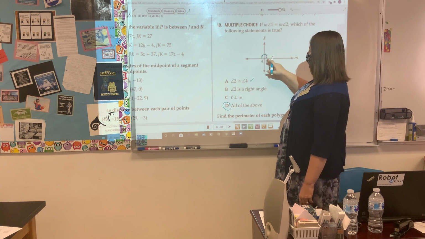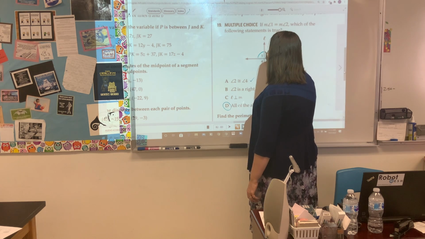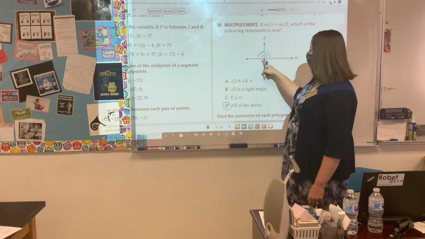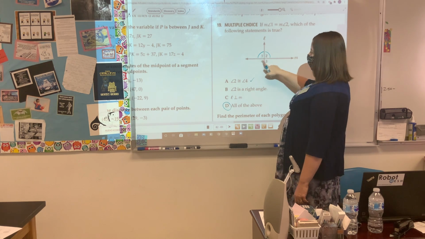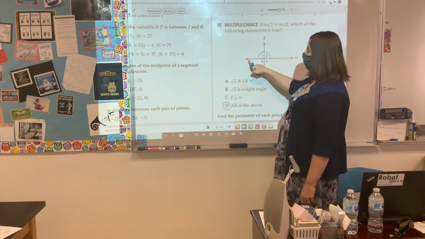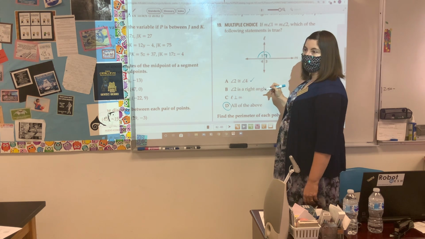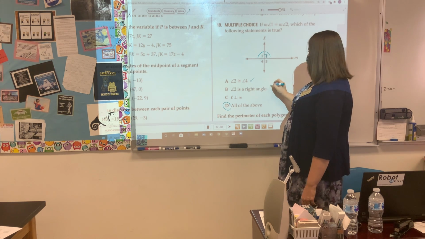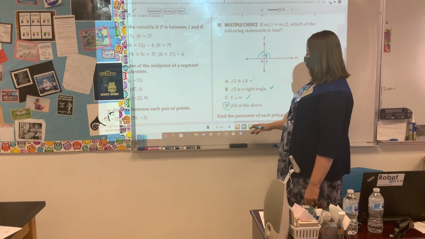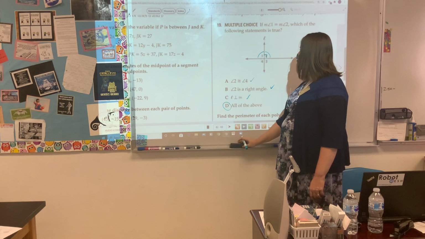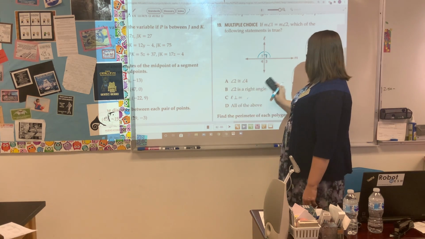In order for those two to be congruent and form a straight line, what does that mean? They have to be 90 degrees each. Exactly. So angle 2 is a right angle, yes. Perpendicular, yes. I was taking from what I know, that's why I said B is true. I was going to say C is true.